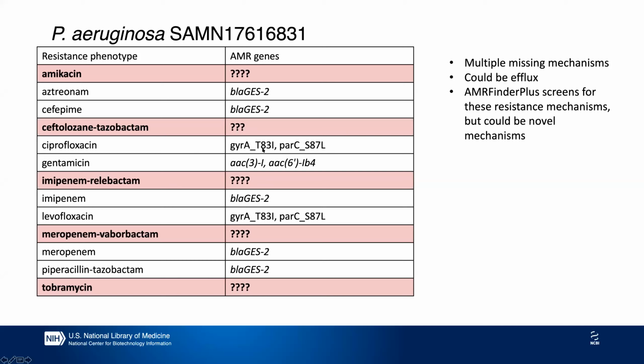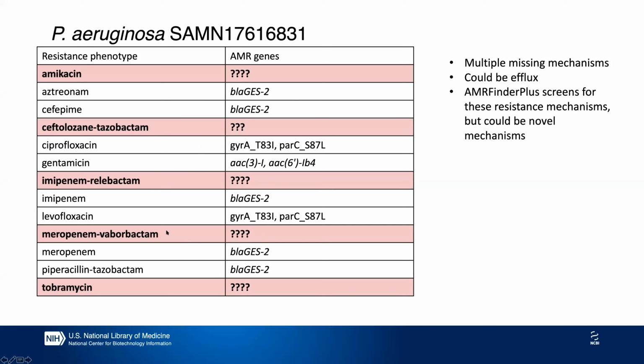For imipenem, we have some point mutations that confer resistance to fluoroquinolones. We have these gentamicin resistance genes, imipenem and piperacillin tazobactam. We know from the literature that this GES-2 allele beta lactamase confers resistance. But then, for instance, we see these three beta lactamase inhibitor combinations.